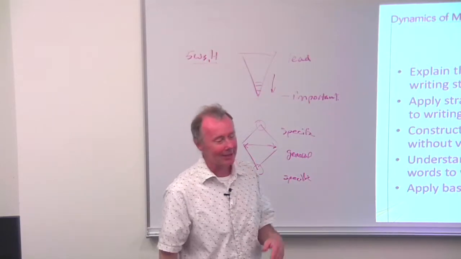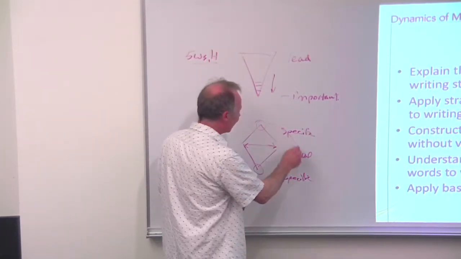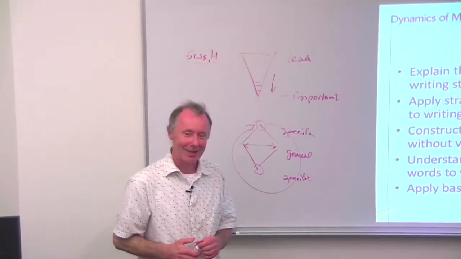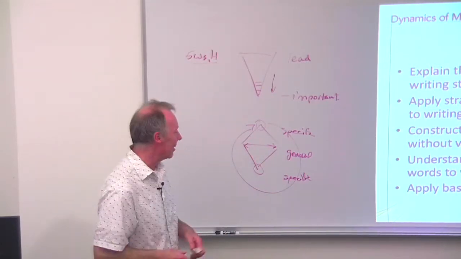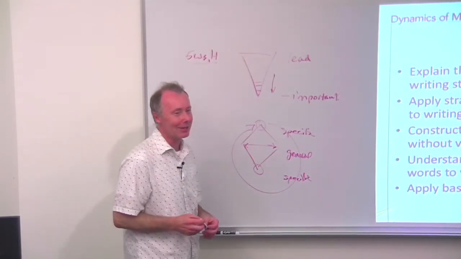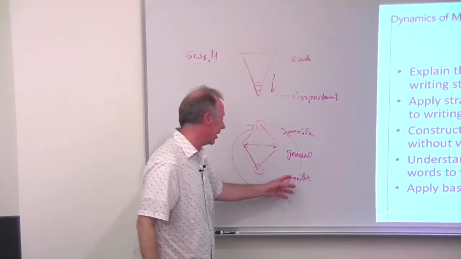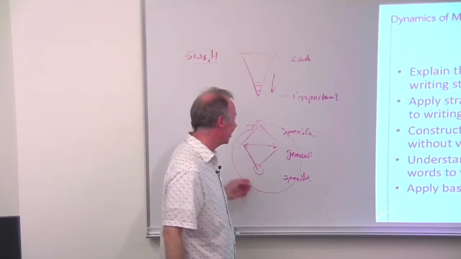The textbook has a slightly different way of describing this in terms of a circle closing the loop. So they like a circular model, but where my diamond and their circle are pretty similar is the idea that if you start out with something, you very often at the end of your story come back to it. So kind of closing a loop.